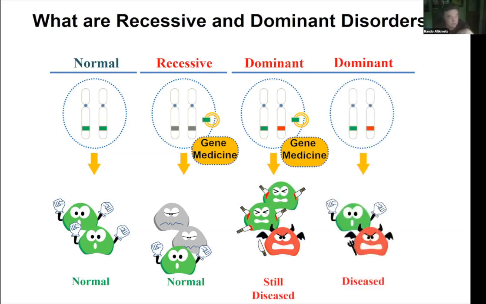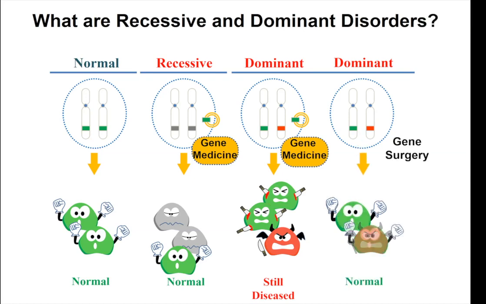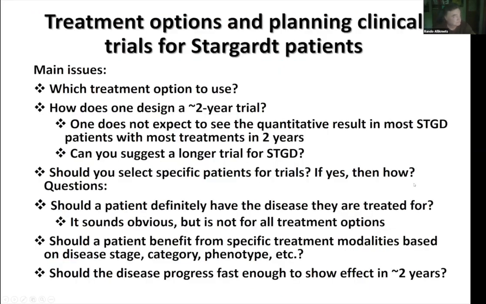What you have to do is really kill that bad one, and the half of the good one is still quite enough to do that. So these are, simplistically, the ways you treat any disease, including Stargardt. But Stargardt, since it's a recessive disease, we'll focus mostly on that part of treatments.